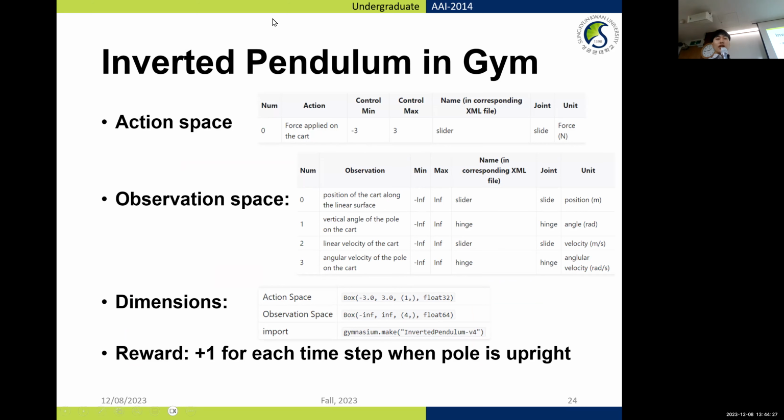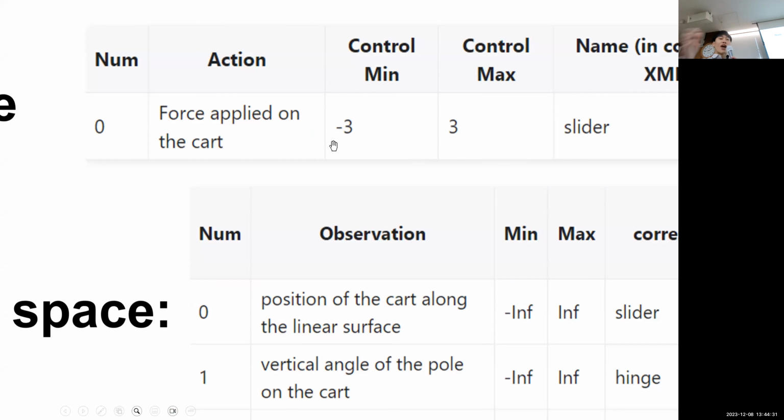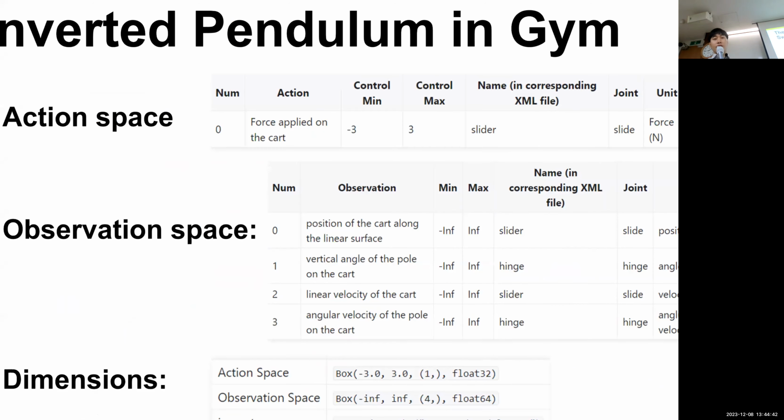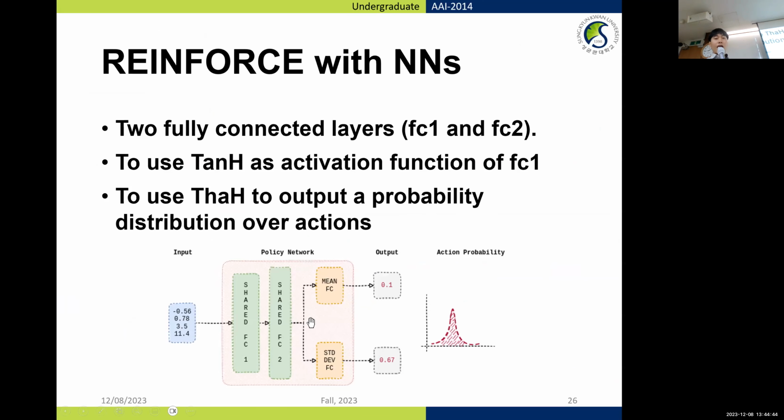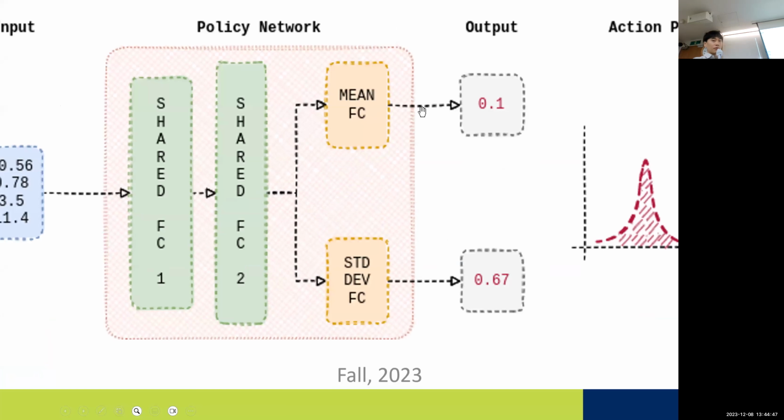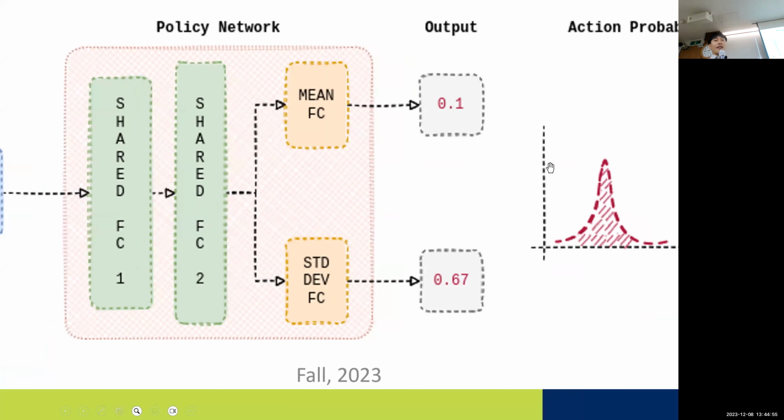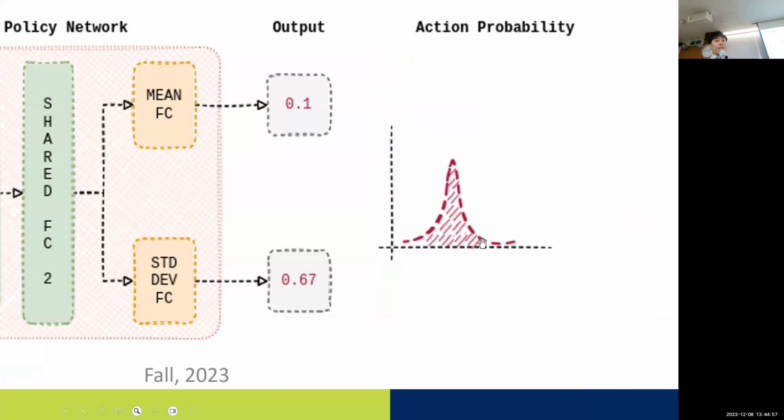It will generate values between -3 and 3 in this range: what is the best force to be applied on this cart so that it will reach the desired state? That's why we use the normal distribution, the Gaussian distribution. The output will be the mean and the standard deviation. It will generate two parameters, and the two parameters decide an action probability.